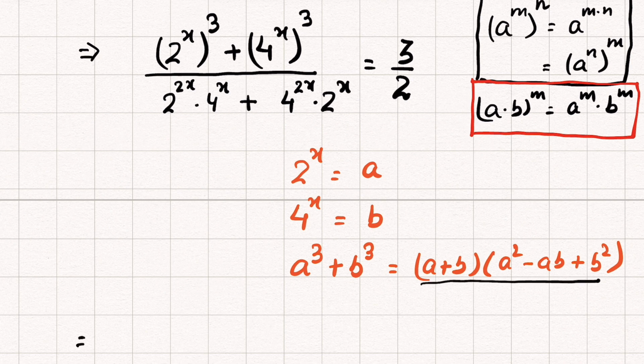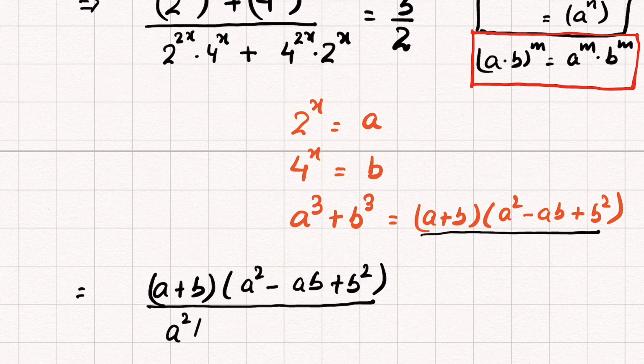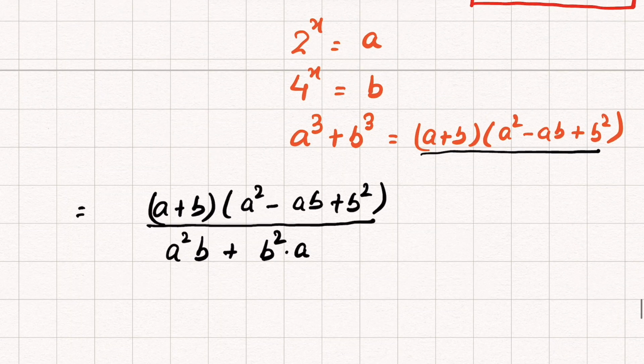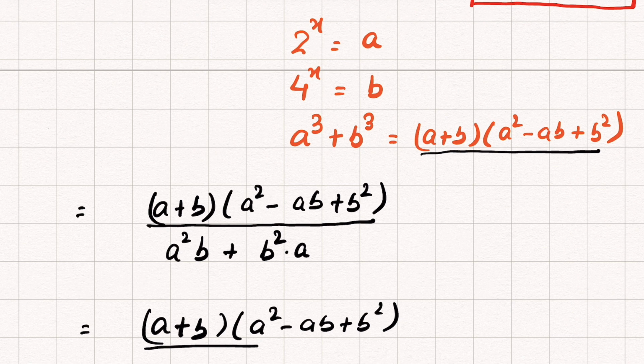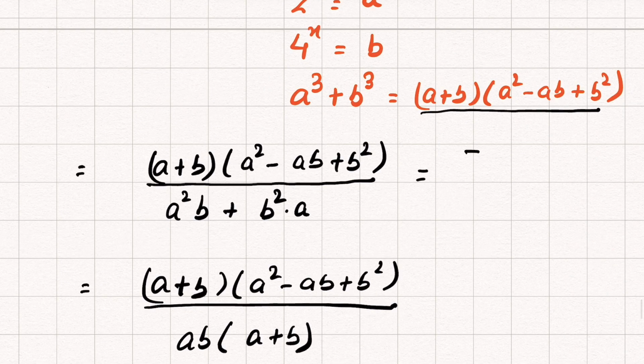So this is a plus b a square minus ab plus b square upon a square b plus b square a, or a plus b parenthesis a square minus ab plus b square upon ab parenthesis a plus b is equal to 3 upon 2.